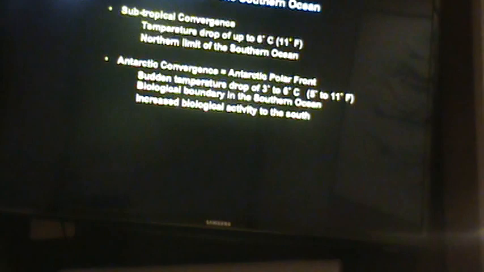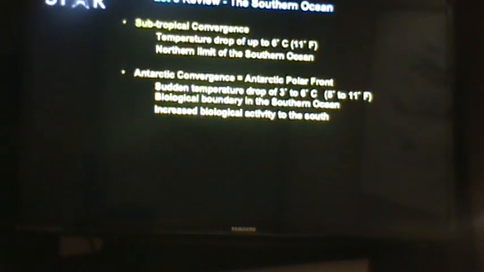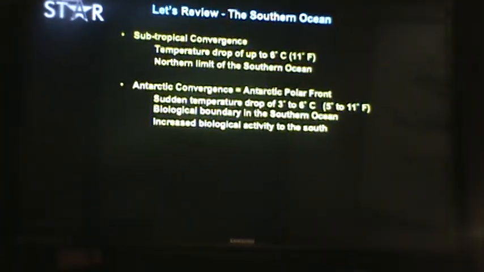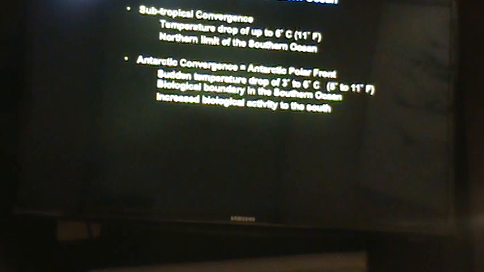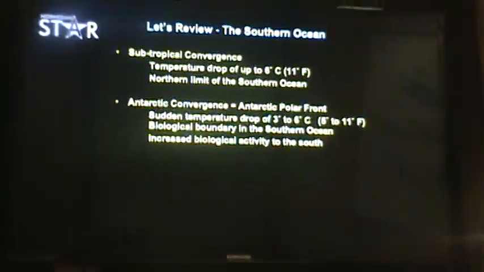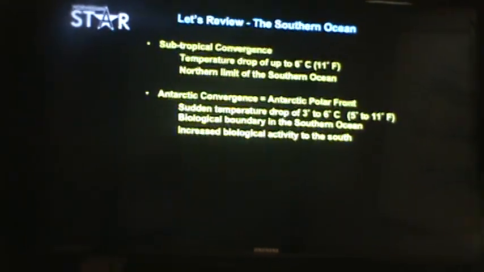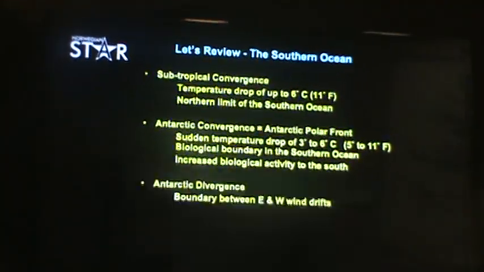Birds, whales, seals, squid, everything is enormously enhanced at that boundary as we move further to the south, and we have a large number of food sources and nutrients coming into play, which permits the massive explosion of biological activity.